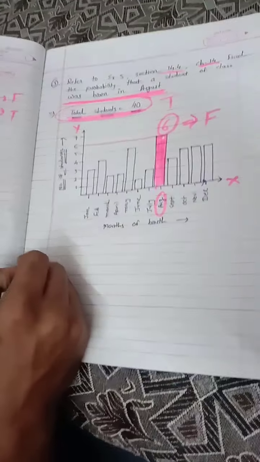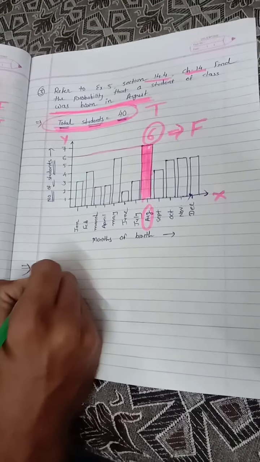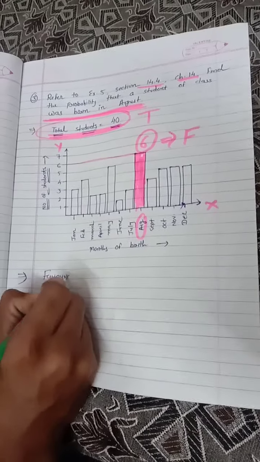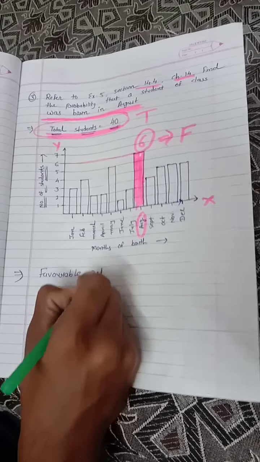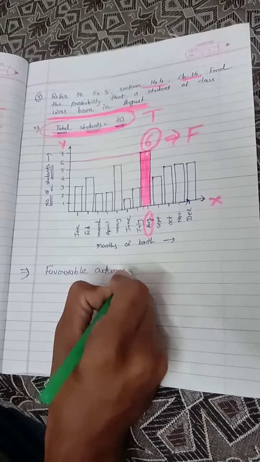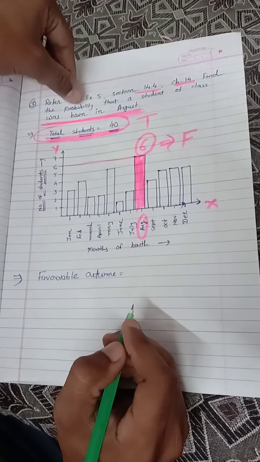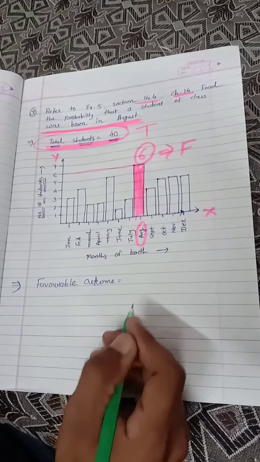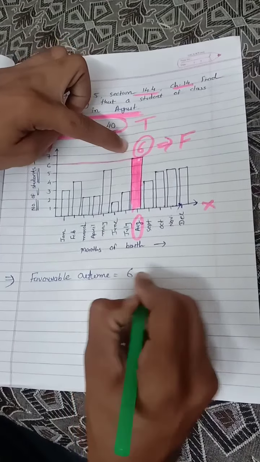Now we write favorable outcome equals students born in August month. How many students? 6 students.